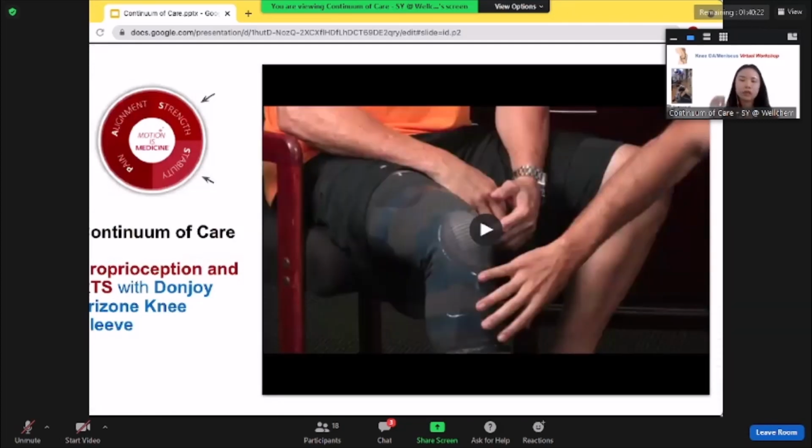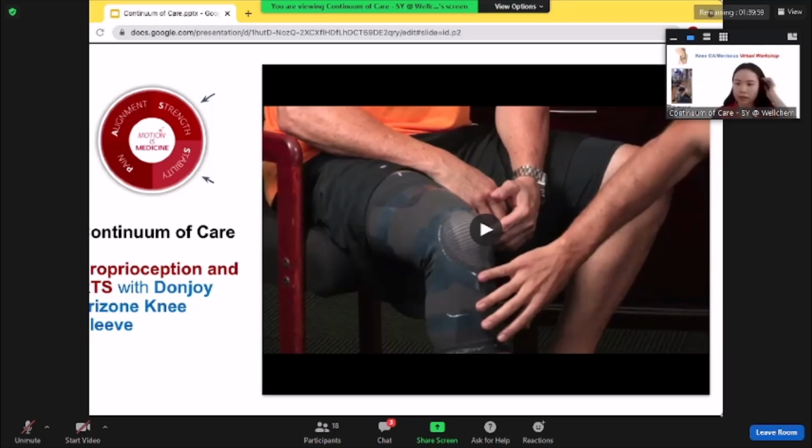Okay, so in terms of continuum of care, previously we talked about OA patients returning to ADL and doing home exercises with the help of the OA reaction. But what about those patients who are more on the active side and they have other knee injuries and they would like to return to sports?